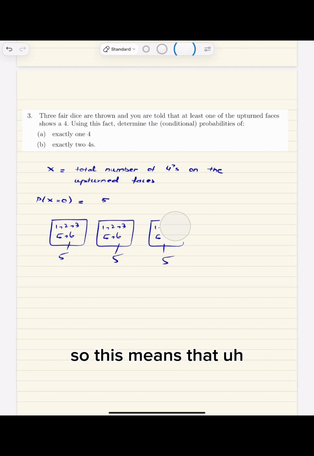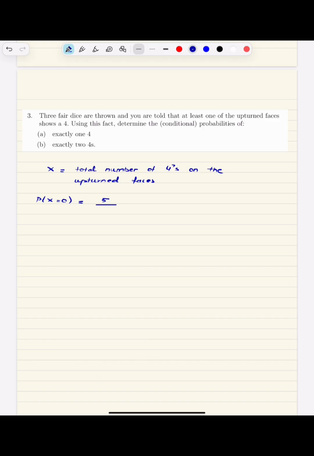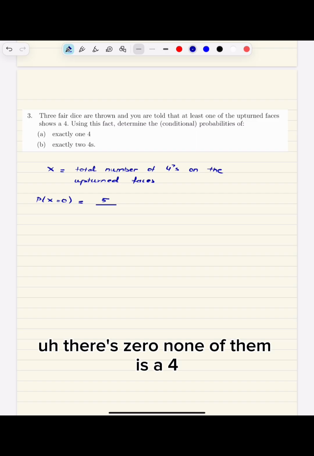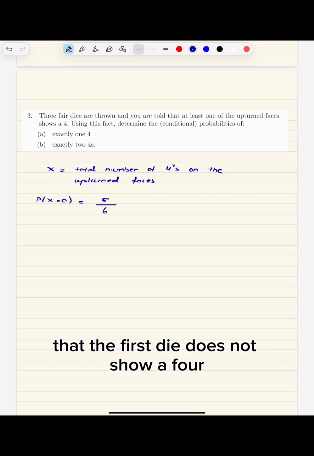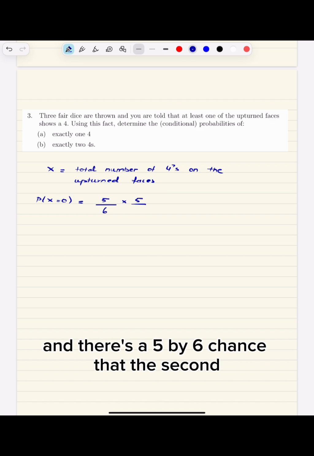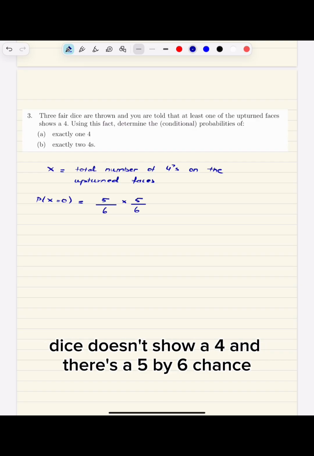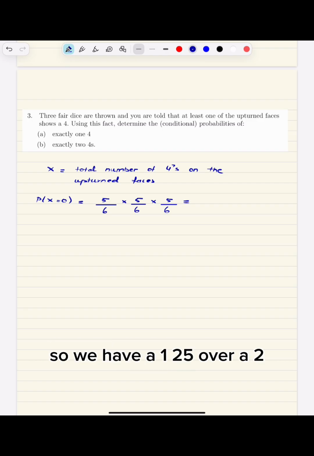So if none of them is a 4, then there's a 5 by 6 chance that the first die does not show a 4, a 5 by 6 chance that the second die doesn't show a 4, and a 5 by 6 chance that the third die doesn't show a 4. So we have 125 over 216.